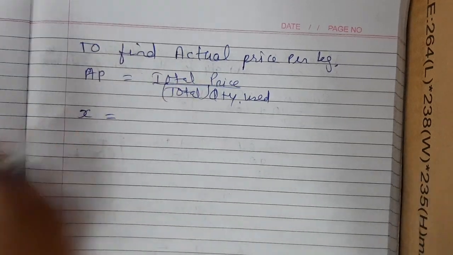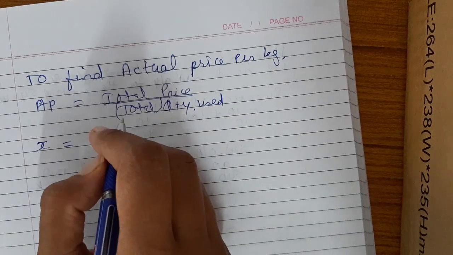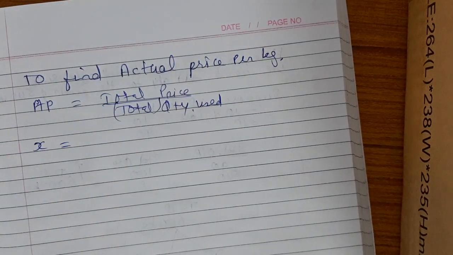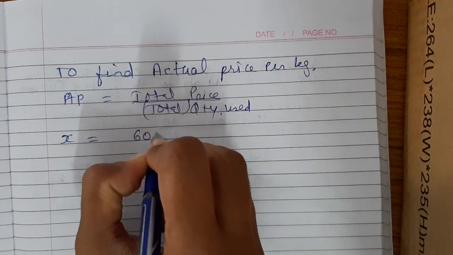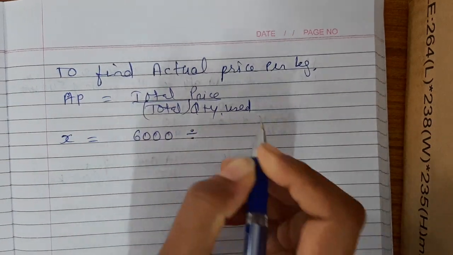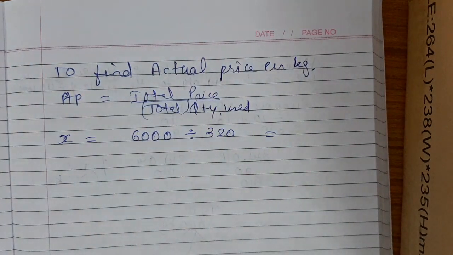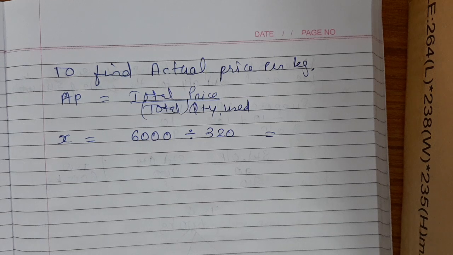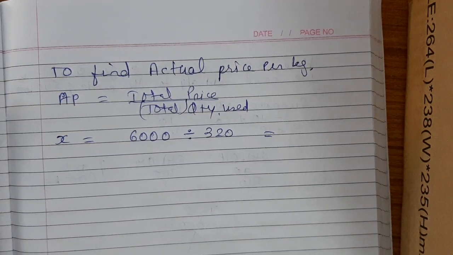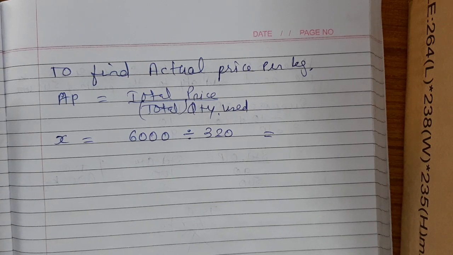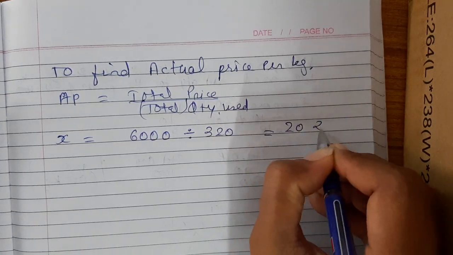So for X it will be 6,400 divided by 320, so 20 rupees.